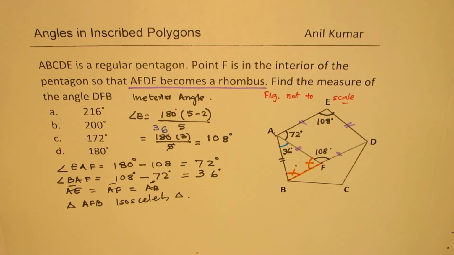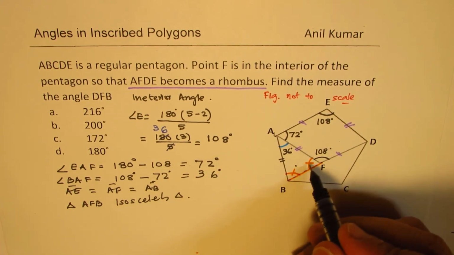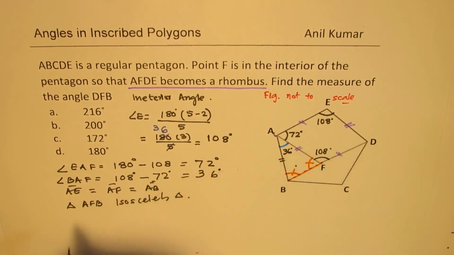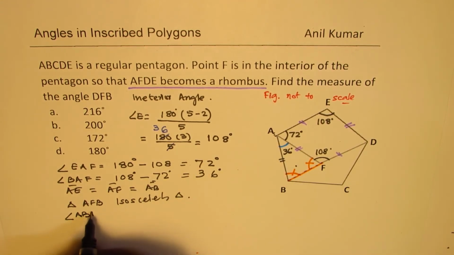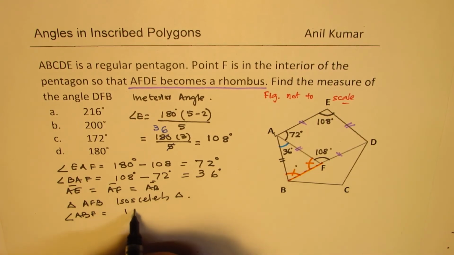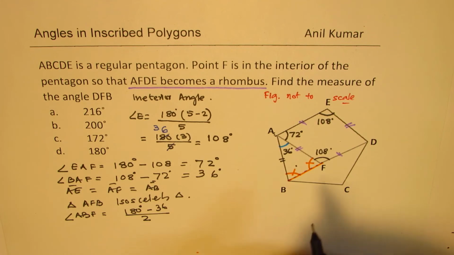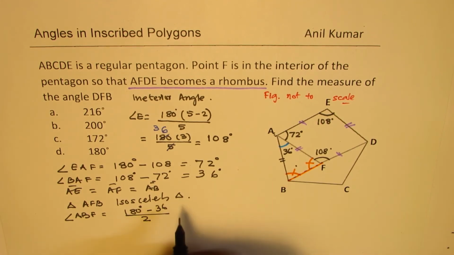So let's join it. In that case, what is this angle going to be? The angle ABF should be equal to 180 degrees minus 36, divided by 2, right? Which is equal to how much?